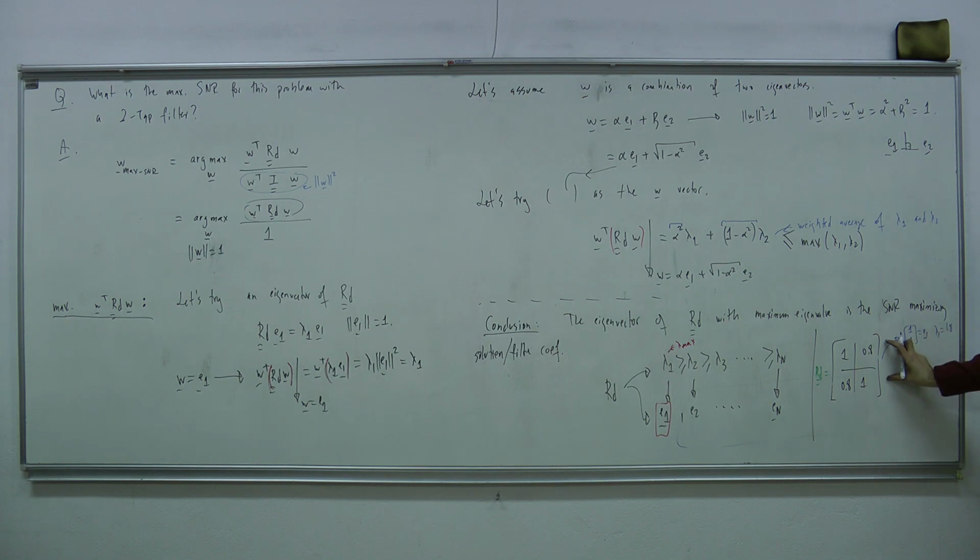If you don't believe me, just apply. RD times 1, 1 is 1.8, 1.8. So it's a vector of 1.8 and 1.8. So its lambda 1 is 1.8. So the other eigenvector is 1 and minus 1. This is specific for 2 by 2 symmetric matrices essentially, 1 and minus 1.